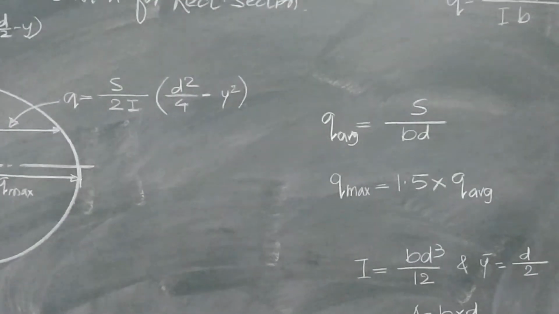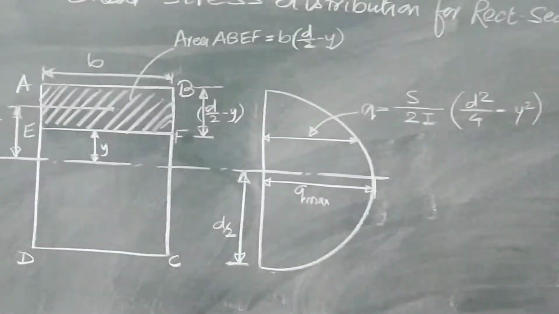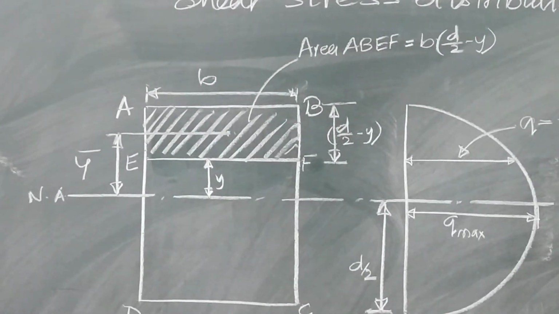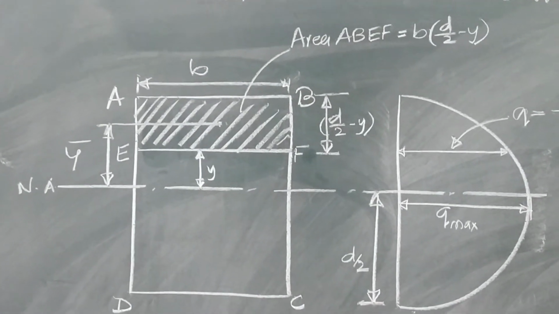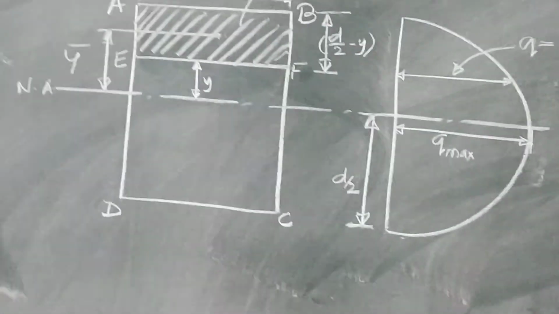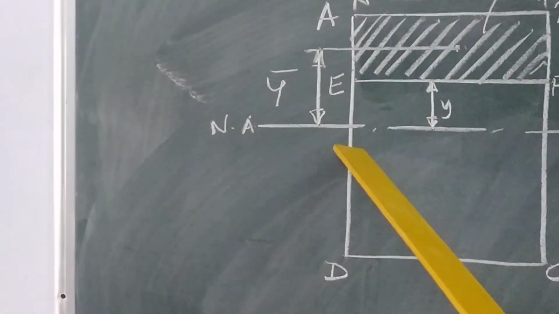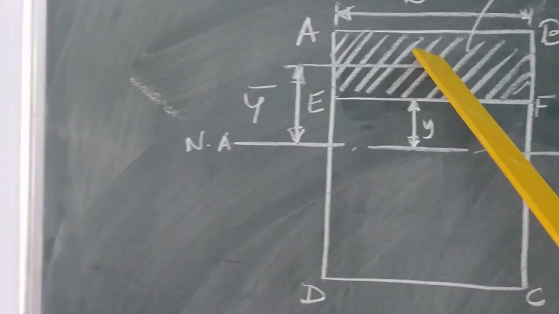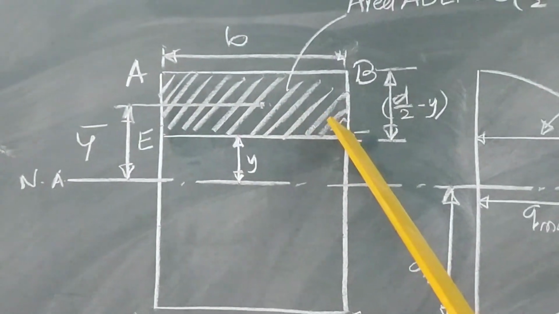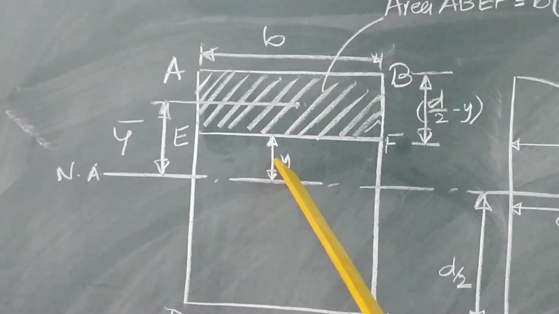How does this formula Q average is equal to S upon B D arise? Let us have a quick look. Let us consider a rectangular section ABEF from this rectangle ABCD, having y bar, the distance between the neutral axis and the CG of this section. The distance from the neutral axis to this section is y.